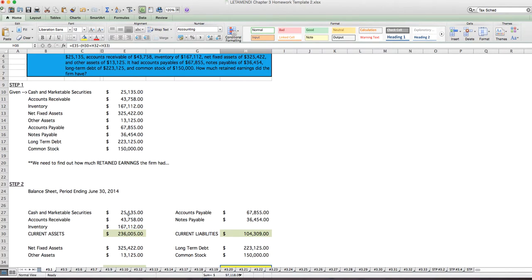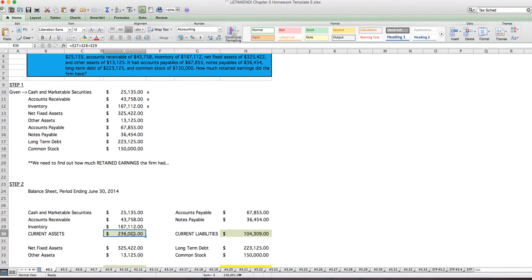You have cash and marketable securities, 25,000. The accounts receivable of 43, right? That's given from up here. So then we can cross those out once we're done with them. An inventory of 166,000, right? So then to identify the current assets, all you really do is just add them, right?